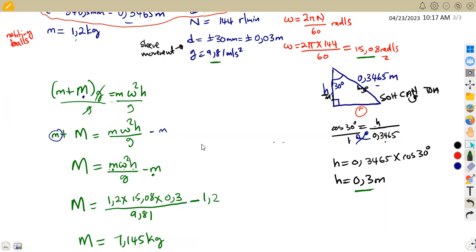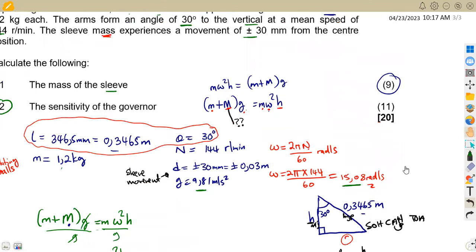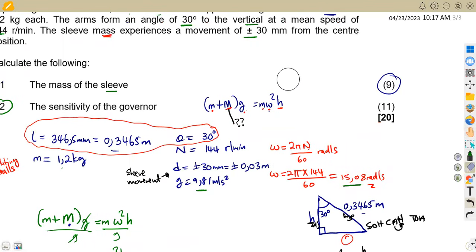Okay, but we can even substitute direct into the formula without having these conversions or making this one the subject, and so we can just substitute because we have the values here. M is 1.2, so you can substitute 1.2 plus the mass, which is the one that we are calculating.